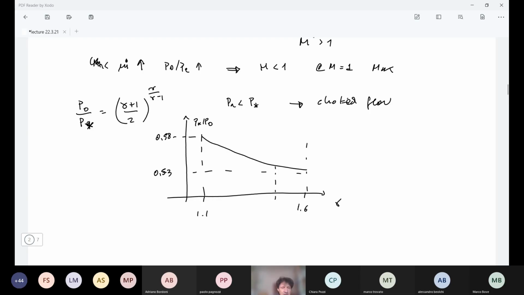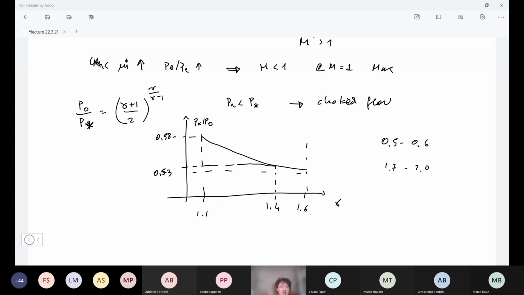And I have 0.53 actually here at gamma 1.4. So the range is rather small, and we can say between 0.5 and 0.6 roughly, or by the inverse, we can consider between 1.7 and 2.